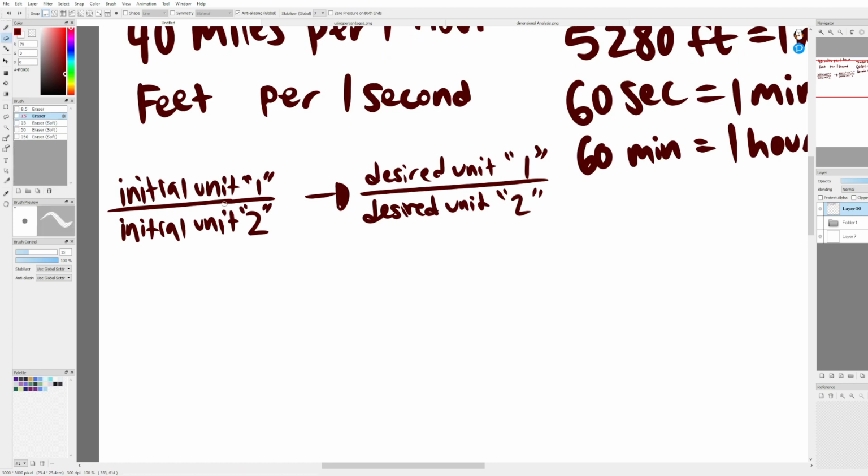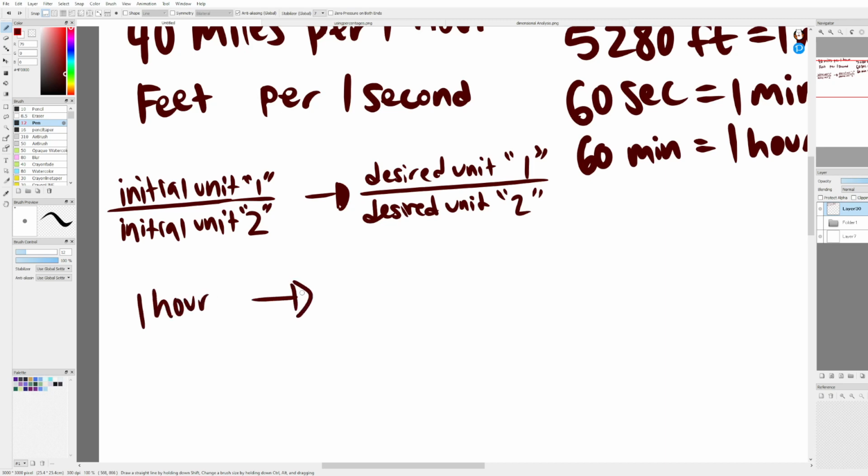A lot of times the corresponding units, like initial unit 2 and desired unit 2, are usually the same type of unit. So, for instance, if you had 1 hour as the initial unit 2, 1 hour is the same as 60 minutes.